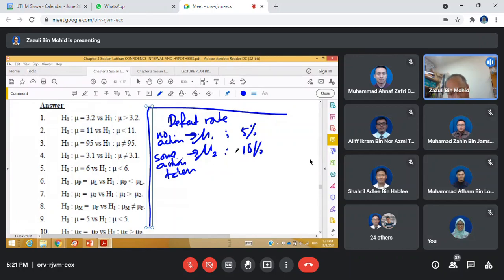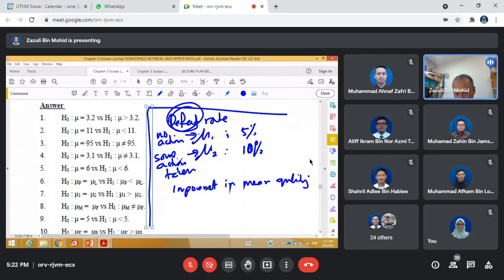Maknanya kita ada buat improvement, tapi bila kita ukur kita dapat 10% lah defect. Define whether there is improvement in mean quality.